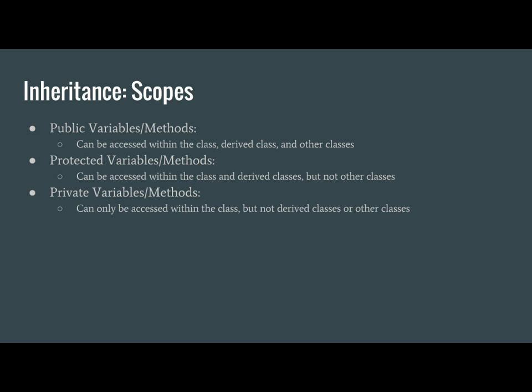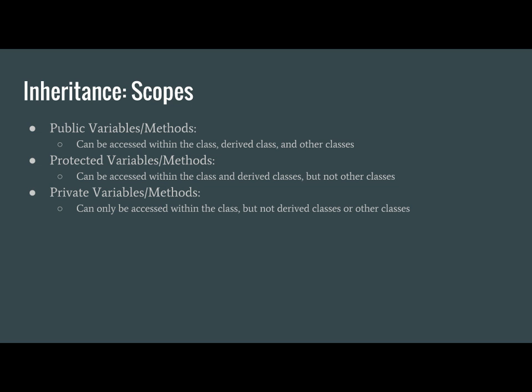It doesn't have to be in the same class; a member of one class can access any public member of another class. For protected variables and methods, only derived classes can access protected members. For instance, if I have class A, and class B derived from class A, class B can access every public member of class A, but also those that are protected. But a class C that has nothing to do with class A can only access the public fields, not the protected.